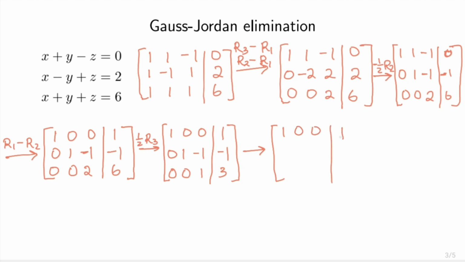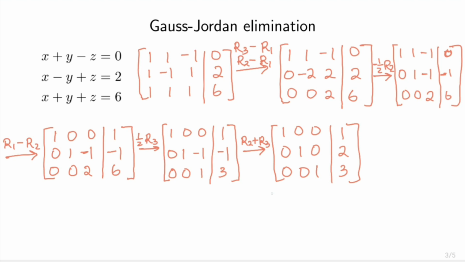We have 1. Then we have 0, 1. Now, what do we do to eliminate it? We add row 3 to row 2. So let's say row 2 plus row 3. Row 2 plus row 3 gives us this, and then we have this, and then row 3 remains unchanged.